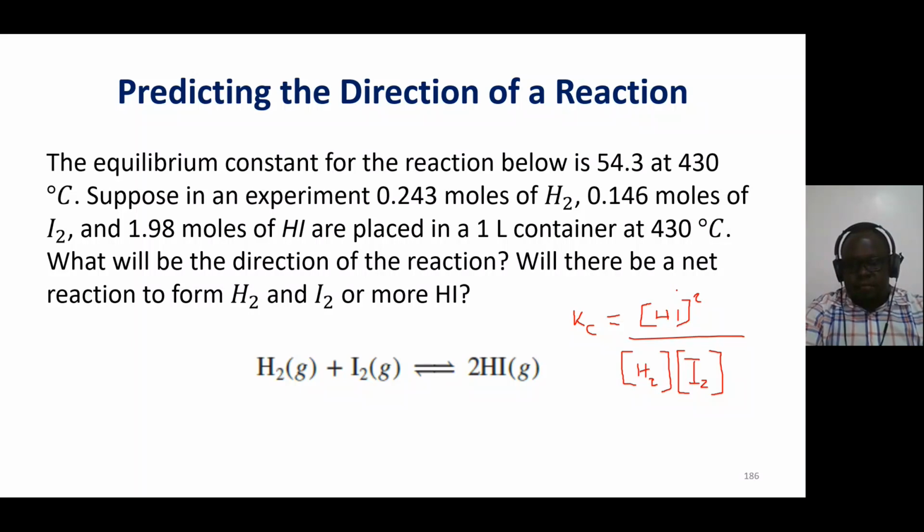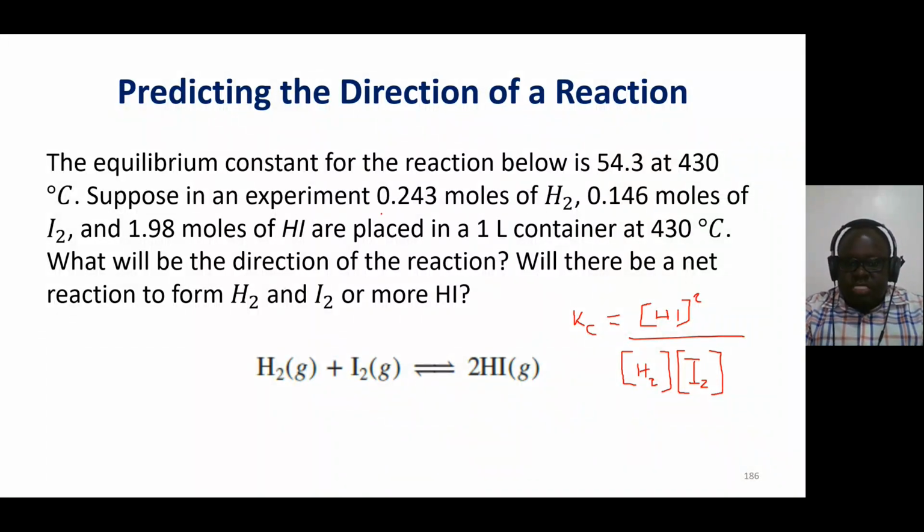This quotient, or ratio of these concentrations, gives you the equilibrium constant, but only when you're considering the equilibrium concentrations.